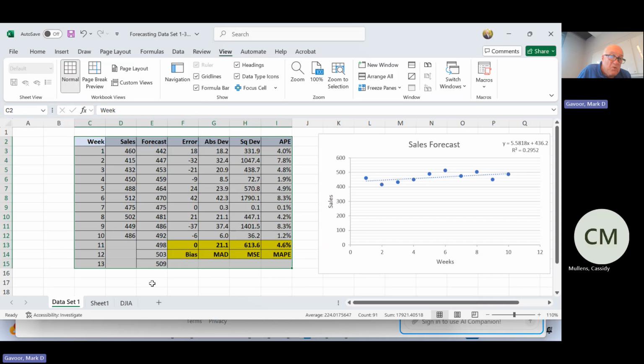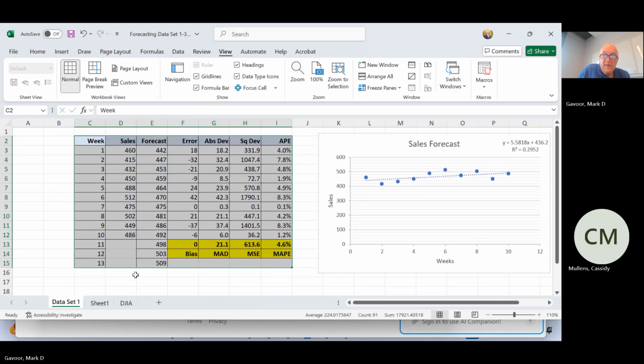Now, let's say I ask you some questions. Is a linear model a good model for this data set? A, visually. B, using R squared. And C, using MAPE.